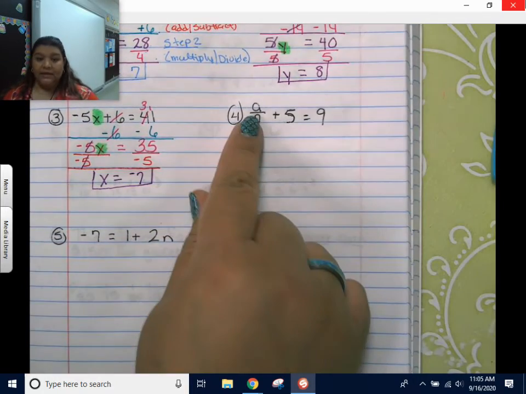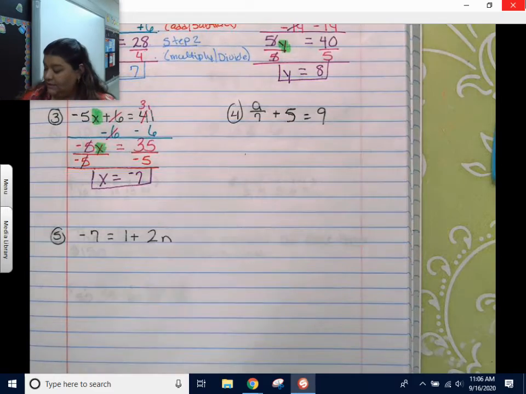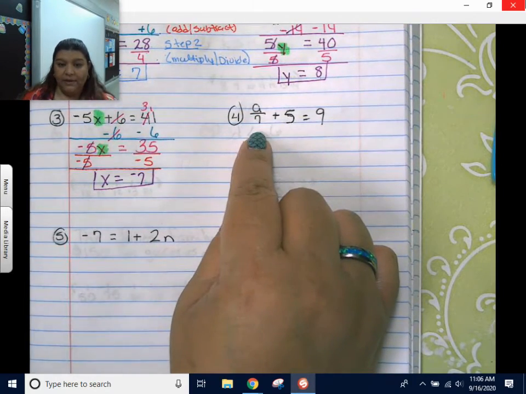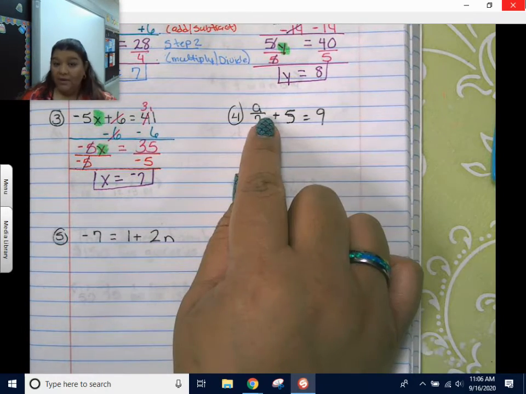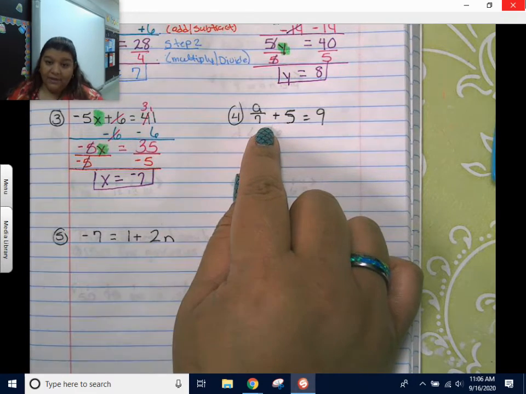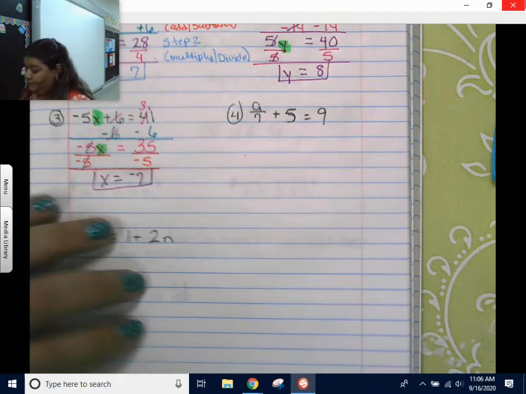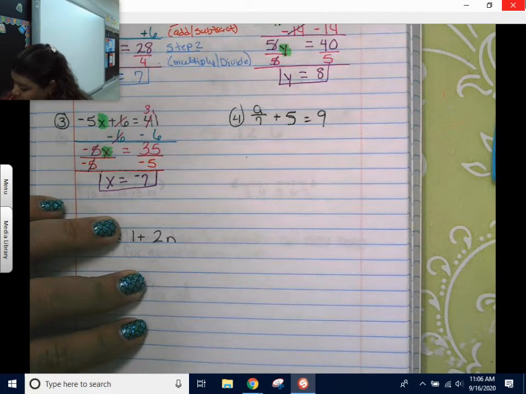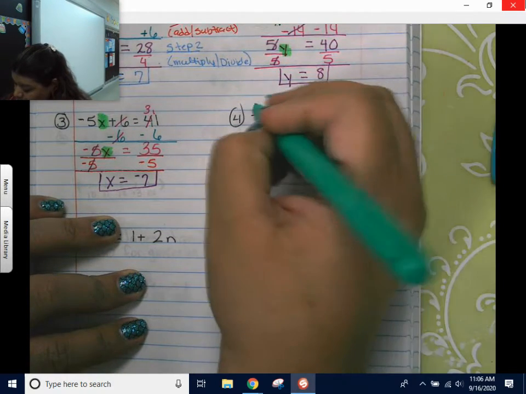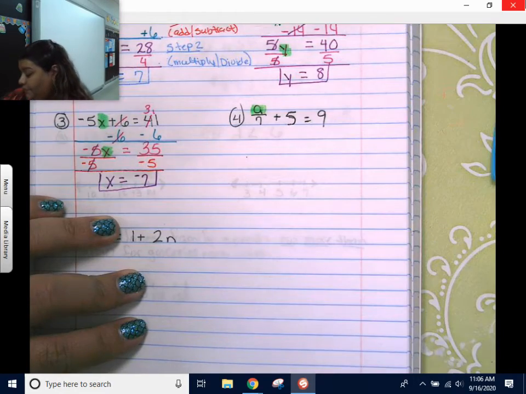This means, and if you say it in your head, it kind of makes sense. A divided by 7 plus 5 equals 9. Some number out there, when I divide it by 7 and add 5, it's going to get me 9. Let's figure that out. Okay? So, first things first, isolate the variable. There we go.